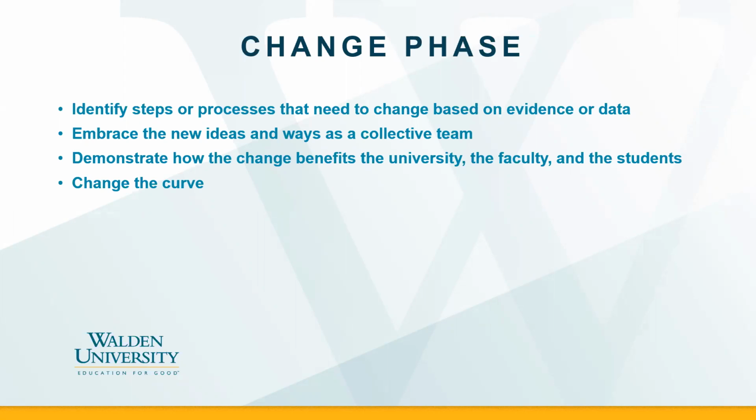If we are seeing that, for instance, we are having students that are having significant writing challenges, and we have the data to show this, then we can explain that by creating an expectation that they utilize a specific writing center resource or have a writing assessment at a certain point in their degree program, it helps the student improve. We're able to then show the change benefits all parties involved. And then we have to change the curve. So moving on.